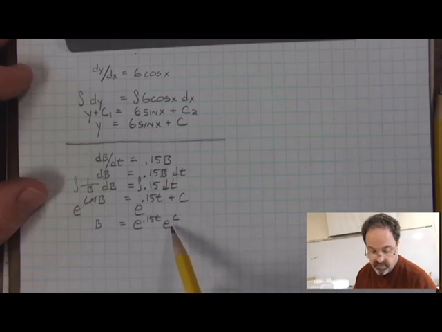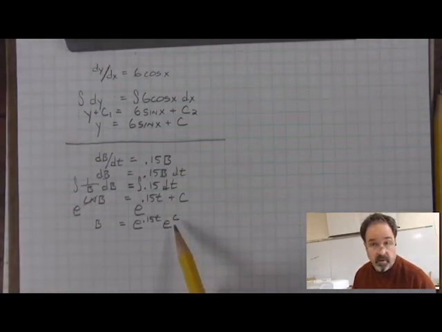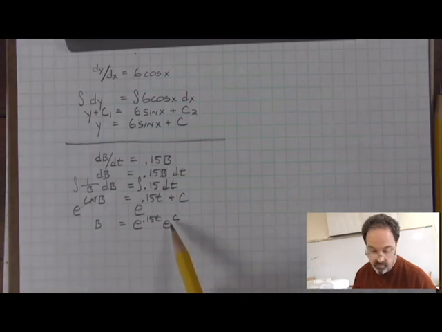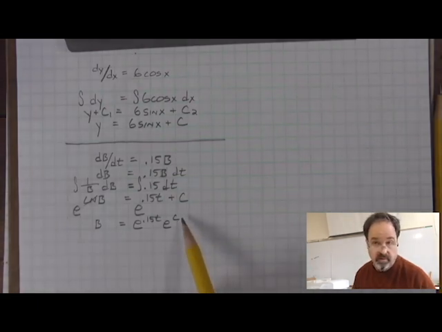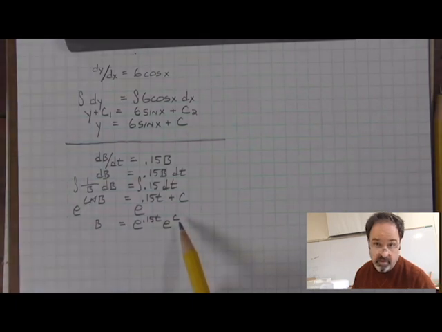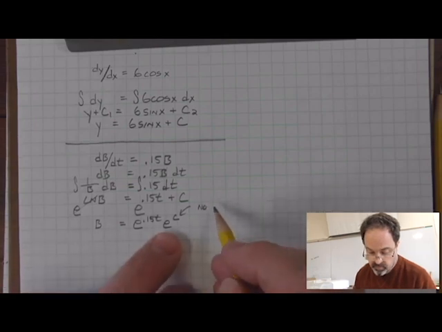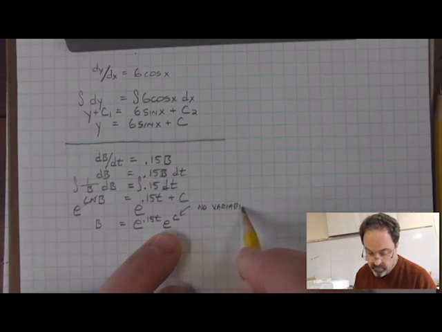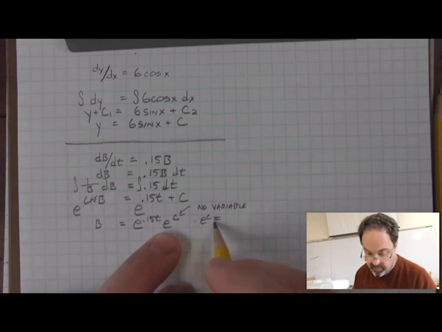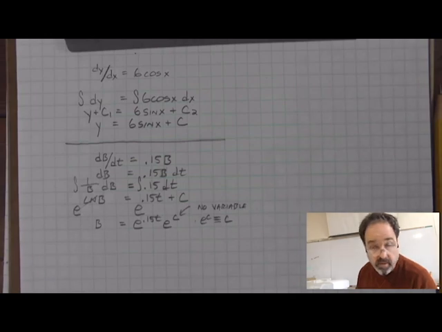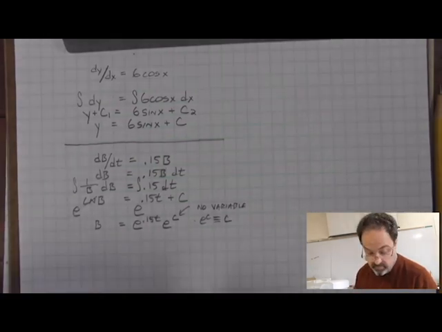This e to the c is a number, and because c is unknown, then the number e to the c is also equally unknown. In other words, in this case, because this piece of the equation, e to the c, has no variable associated with it, then e to the c is what we call materially equivalent to the unknown c and can be represented just as c.